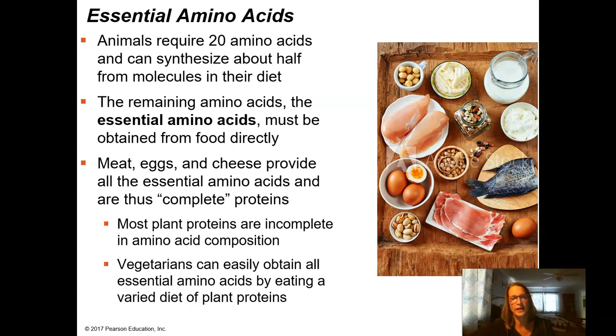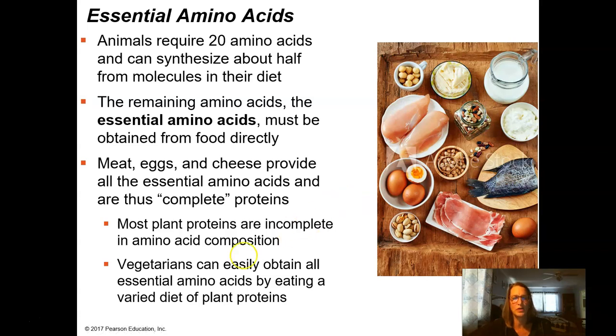So for vegetarians or for vegans, you can see that this is all coming from animals in one way or another. Cheese is from milk, eggs are from chickens, and meat obviously is the meat of another animal. These are complete proteins, and it's harder to get all of the amino acids you need when you are a vegan or a vegetarian.